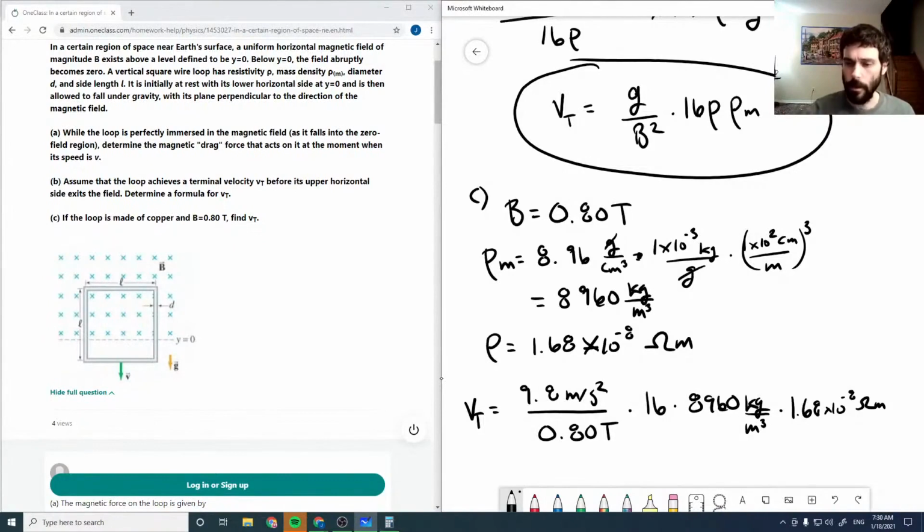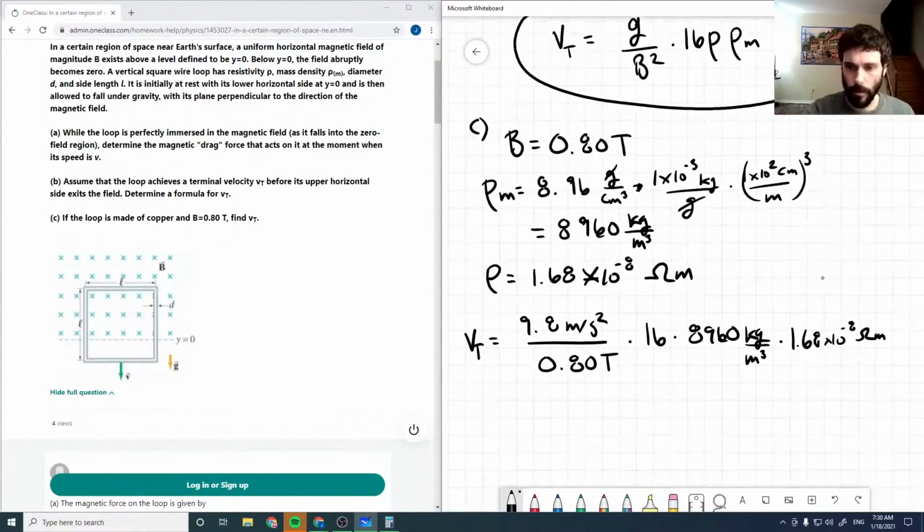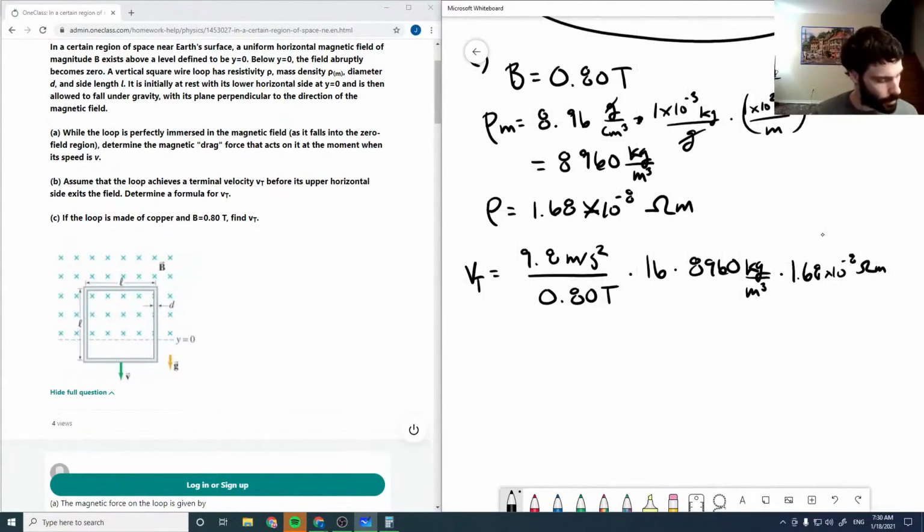And so the value comes out to be 0.0369.